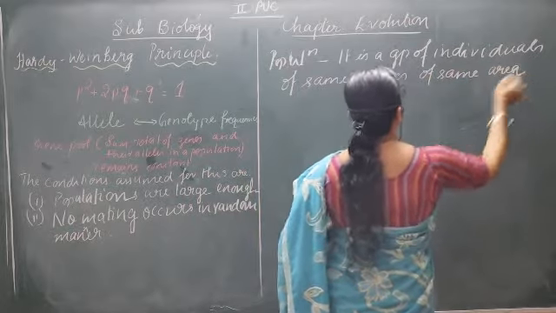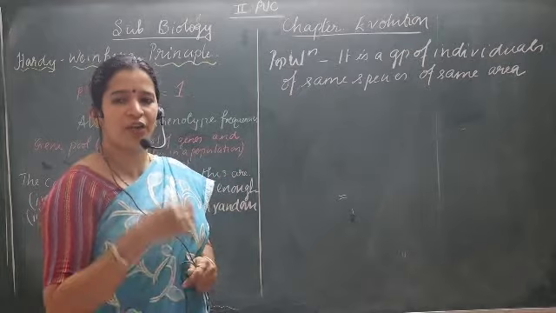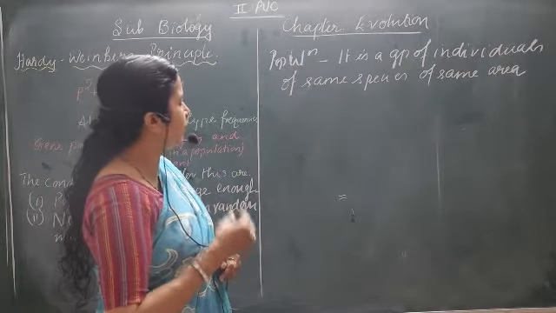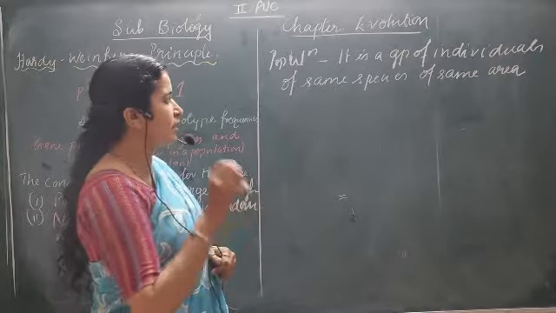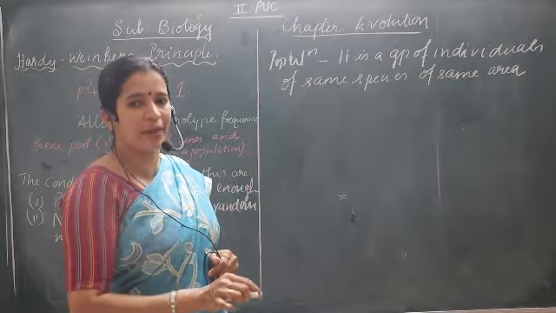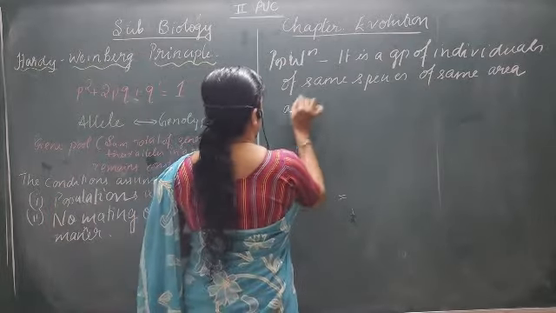You may be thinking, population, who doesn't know? It is a very common term and everyone knows it. But when you are writing the definition in a biological manner, you must use some of the terms. It's a group of individuals of the same species of the same area at a particular time. That is what population means.